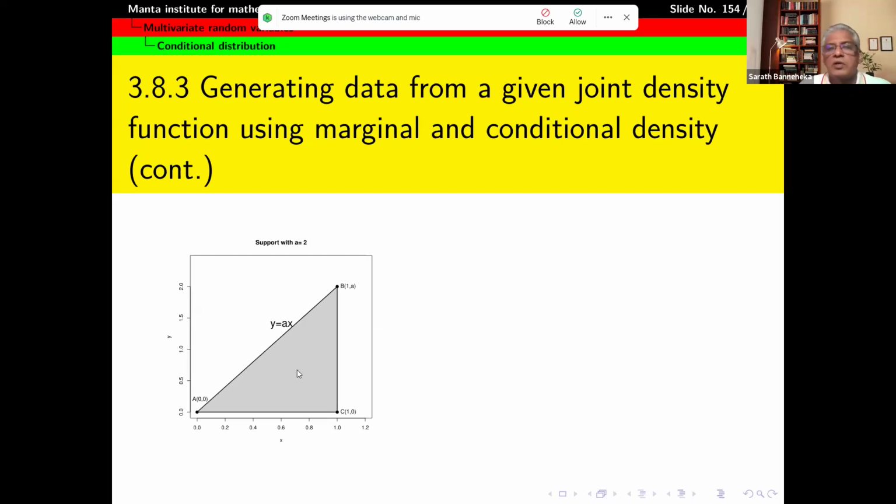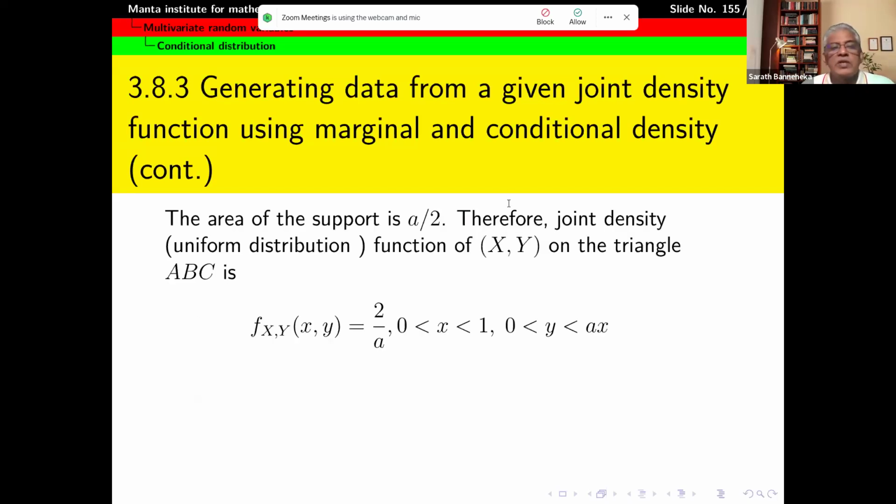We know that the volume under the joint density function has to be 1, right? So therefore, what should be the height of the joint probability density function? It should be calculated so that the volume is equal to 1, right? So we notice that the area of the support is equal to A over 2, right?